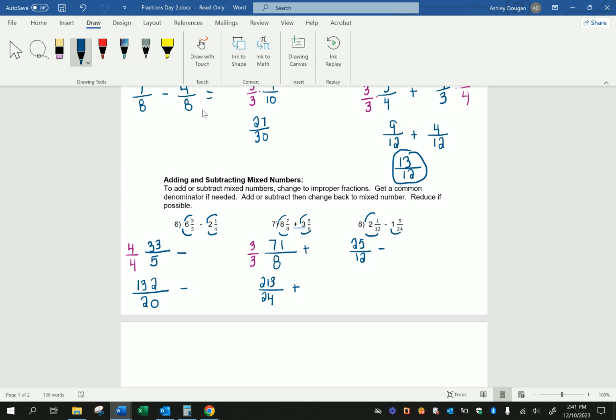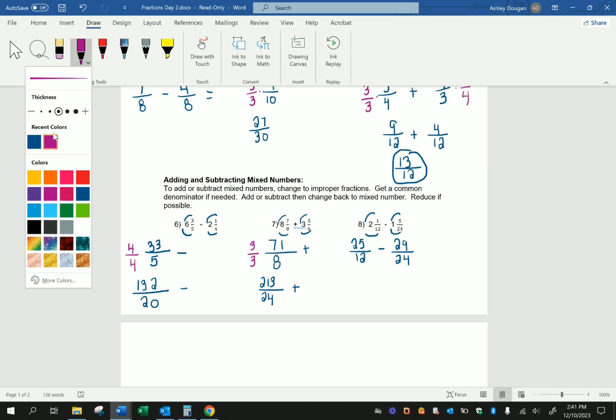And then I'm going to say 1 times 24 plus 5, that's going to give me 29, and that's going to be over 24. These are my new fractions. And I want to look for a common denominator between 12 and 24. So I'm thinking about multiples of 12, multiples of 24. What number occurs in both lists? The smallest number. And that would be 24.